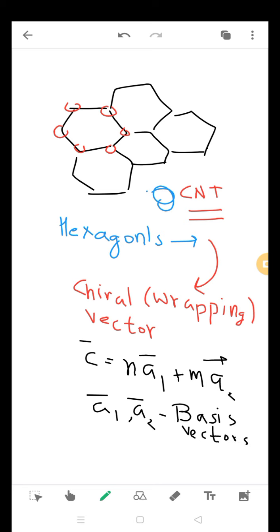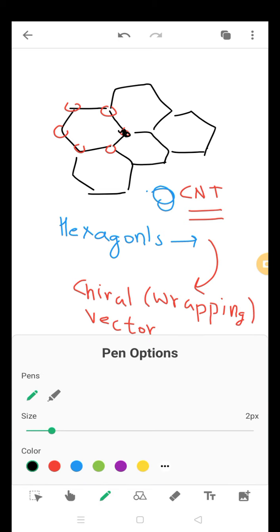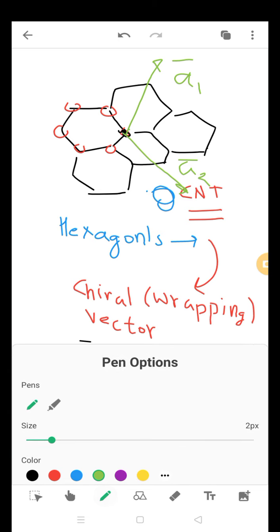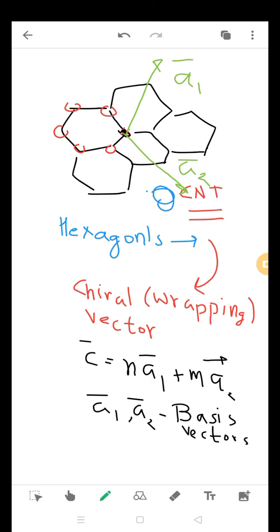That means if we take one of the carbons, say here, as the origin, then this one is your A1 and this one here is your A2. N and M are integers.